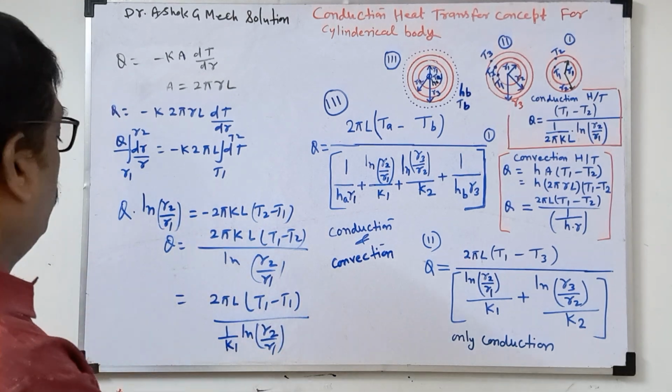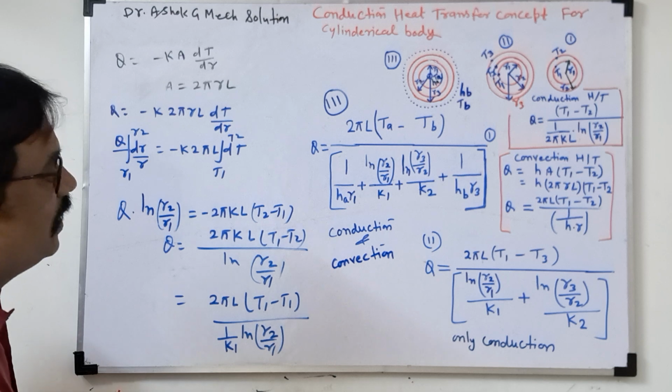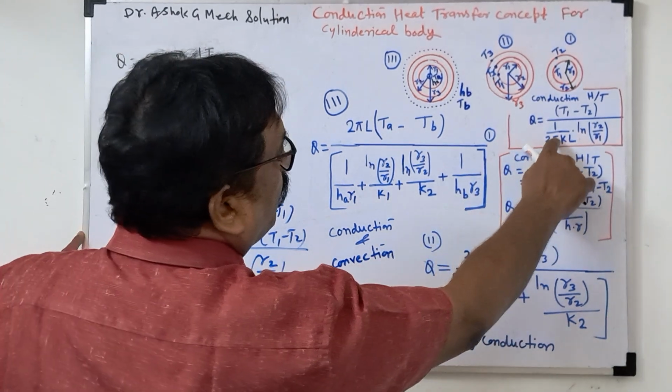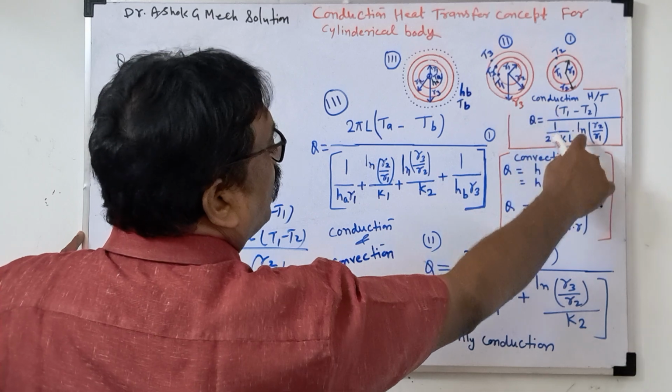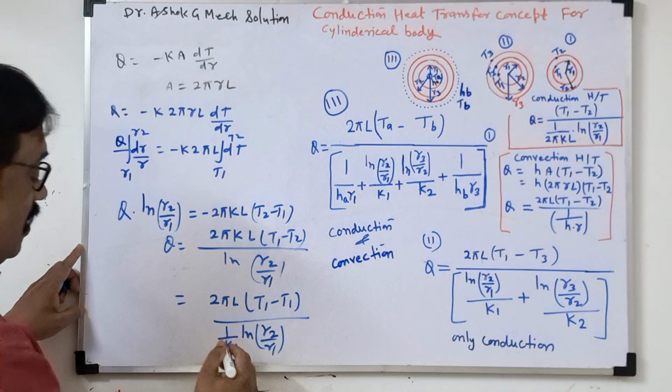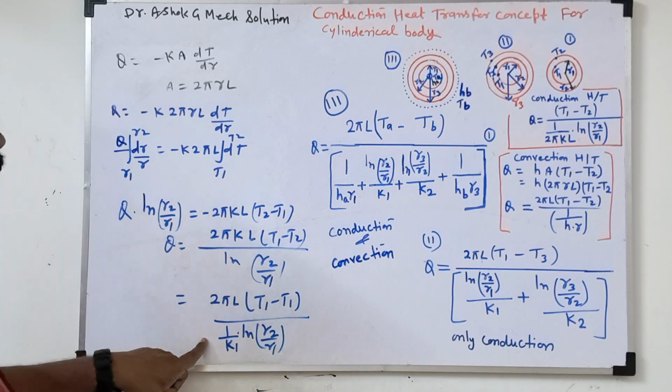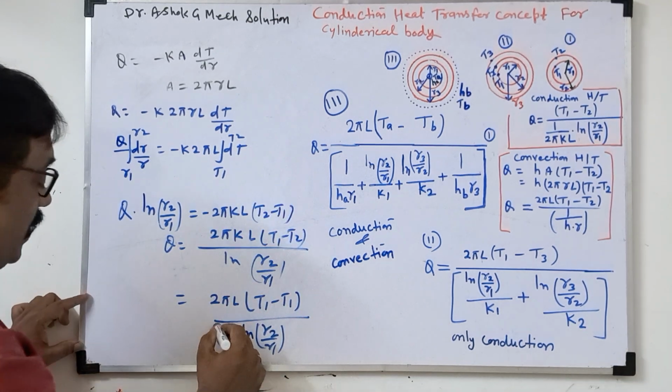Taking 2 pi L on top, the thermal resistance is 1 by K into ln R2 by R1. This is the single cylinder thermal resistance.